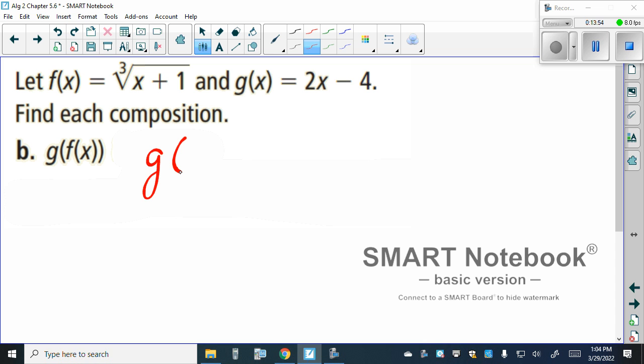Let's look at this one here, g of f of x. So we can go on and put what f of x is. F of x is the cubed root of x plus 1. So again, we start from the inside going out. We'll start off with replacing f of x with what it is, our cubed root of x plus 1. Now they tell us g of x is 2x minus 4.